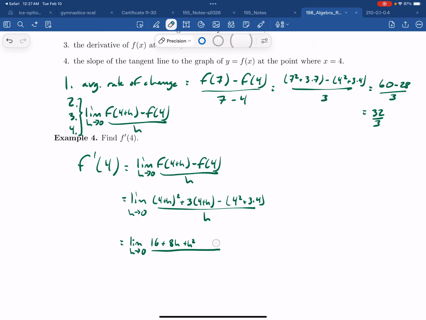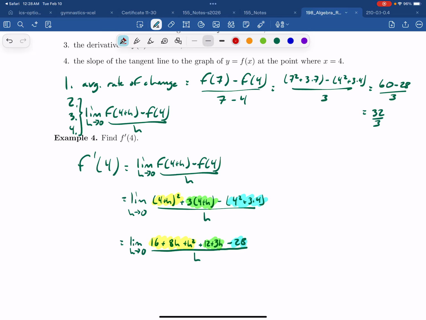Sorry, I forgot the second term here. Plus 12 plus 3h, and now it's minus 28. This is all over h. Just to point out where I'm getting this from: this part is this, I just foiled it out, this part becomes this, I just multiplied it out, and this part right here is this.